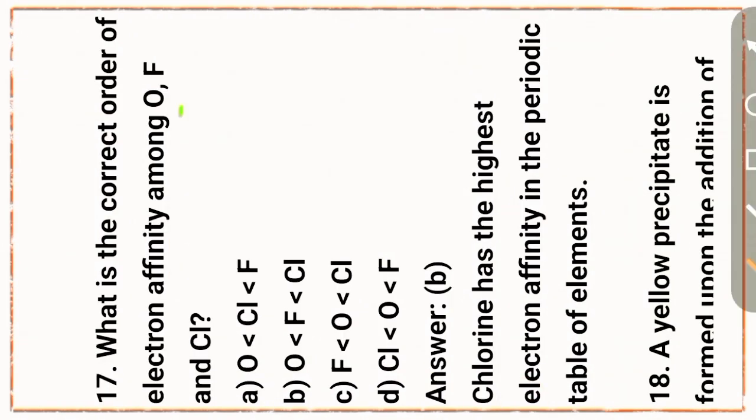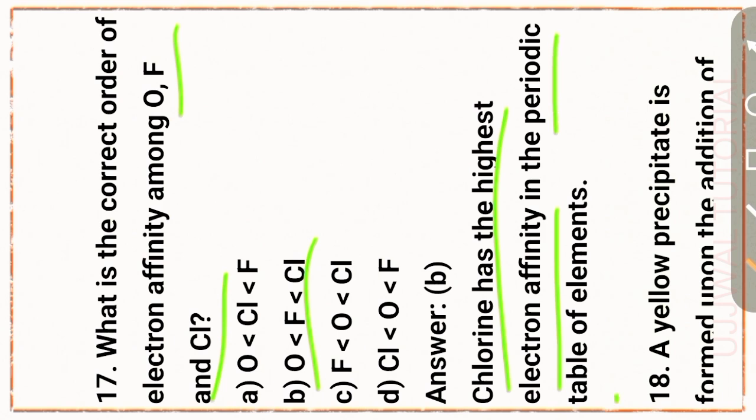What is the correct order of electron affinity among oxygen, fluorine and chlorine? That is option B, oxygen less than fluorine less than chlorine. To explain this part, chlorine has the highest electron affinity in the periodic table of elements.